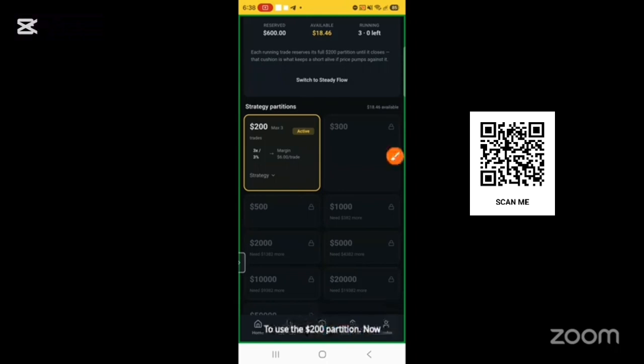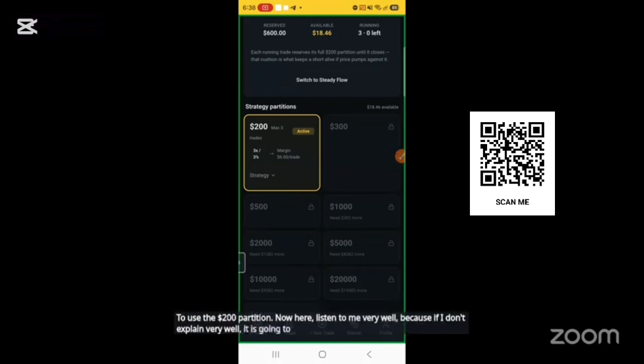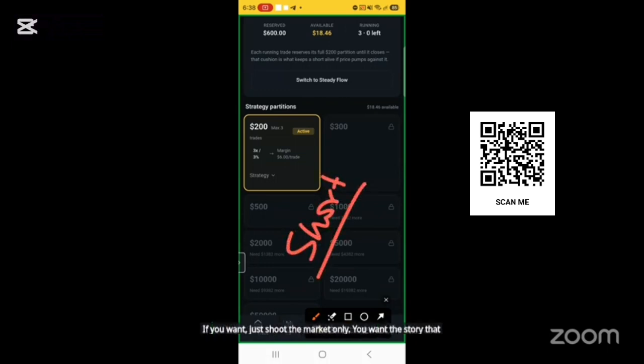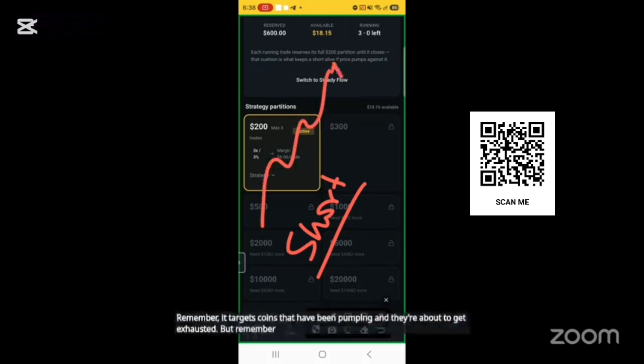Now, listen to me very well, because if I don't explain well, it is going to confuse some of you. When you reach the short only trades, if you want to just short the market, you want the strategy that just shorts the market. Remember, it targets coins that have been pumping and are about to get exhausted. But remember, this is an AI.